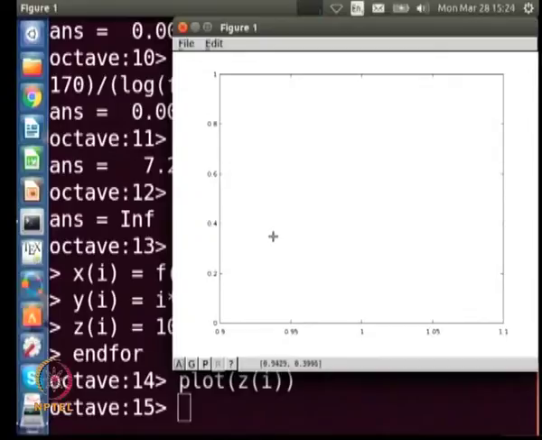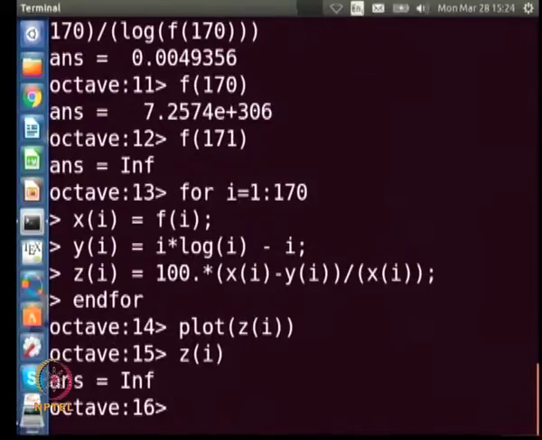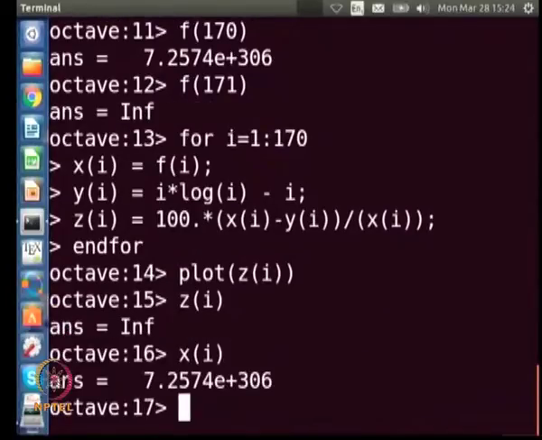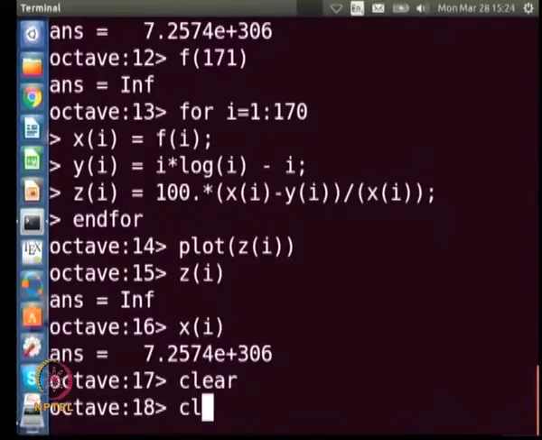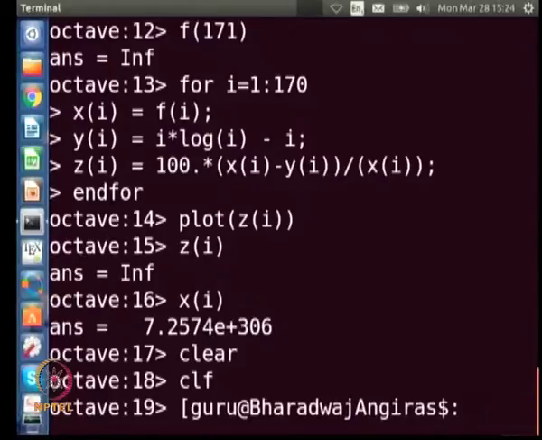Why is it that I am not getting the plot? I don't understand why that is. It is storing only the number, it is not clear to me. So let me write it as a script.